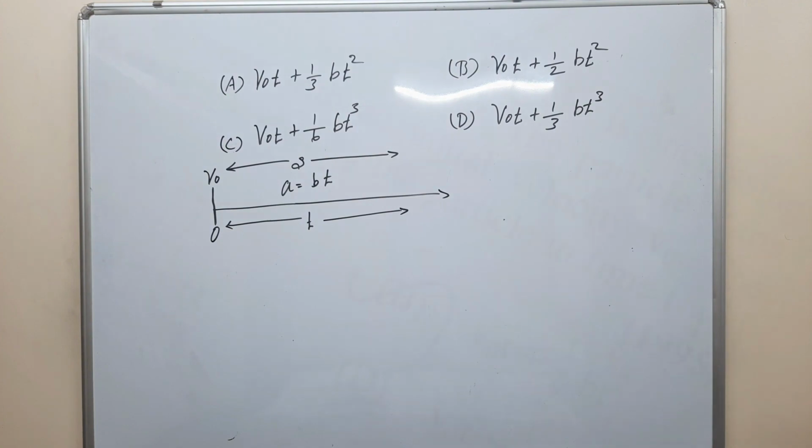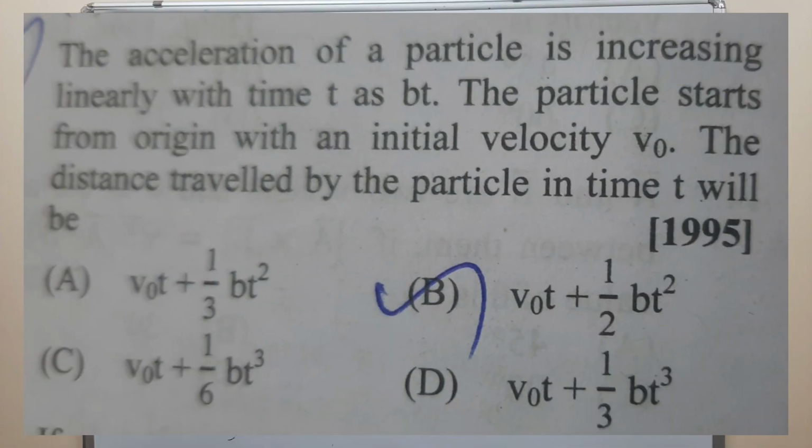So the next question. The acceleration of a particle is increasing linearly with time t as bt. The particle starts from origin with initial velocity v0. The distance travelled by the particle in time t will be.